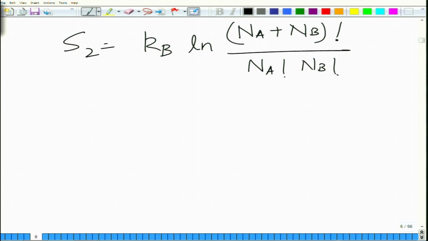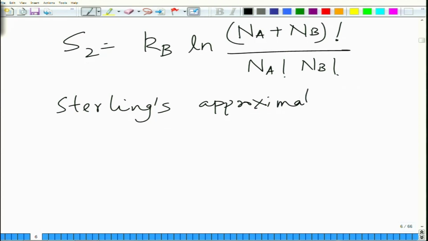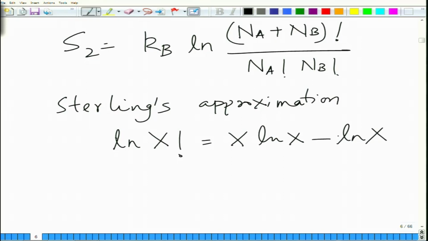To solve this, we need an approximation which is called Stirling's approximation, which says that ln x factorial is equal to x ln x minus x. Okay.